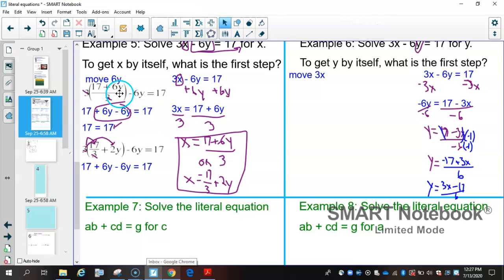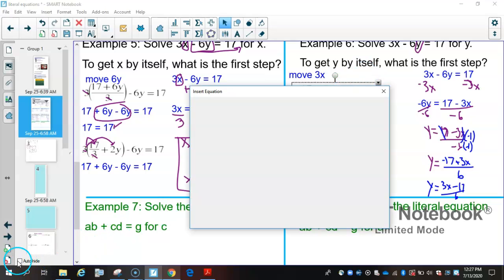So last step, double check it. Here we go.